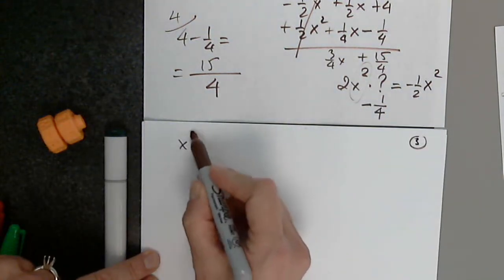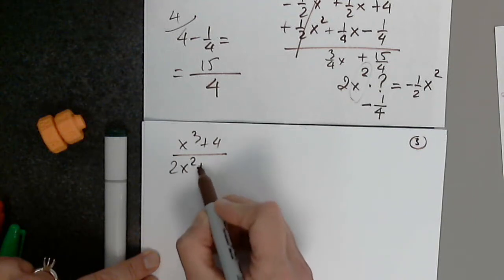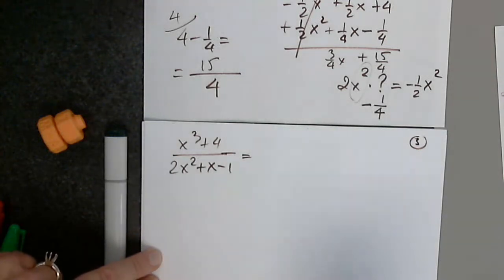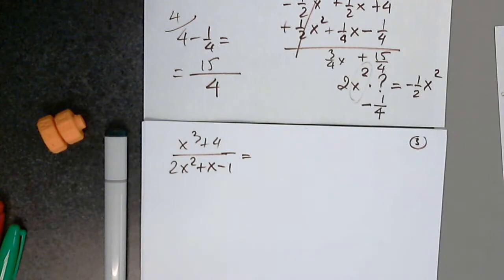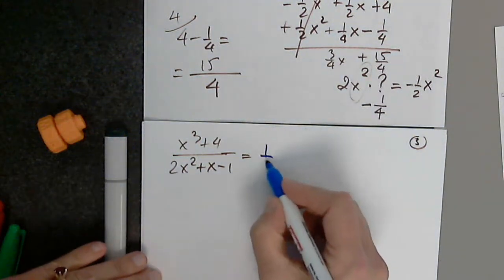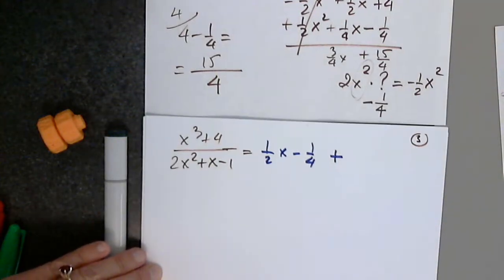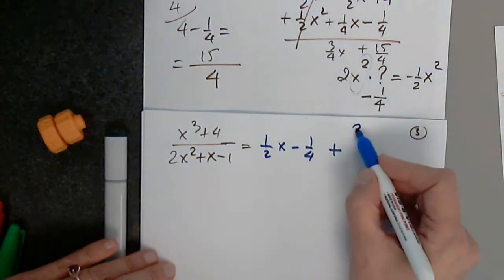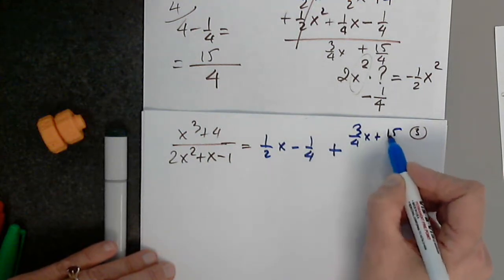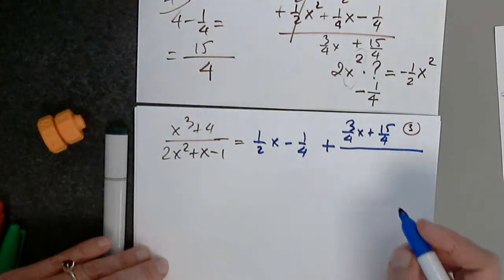So I have x cubed plus 4 over 2x squared plus x minus 1 can be rewritten how? Yes, 1/2 x minus 1/4 and plus what? Exactly. The top is 3/4 x plus 15/4. Everything divided by?